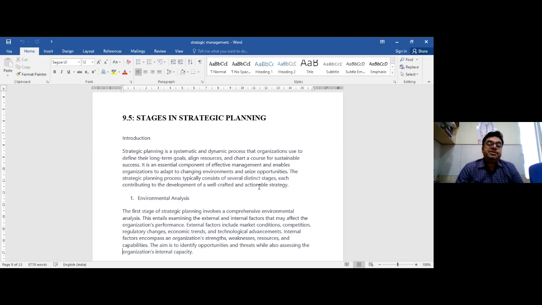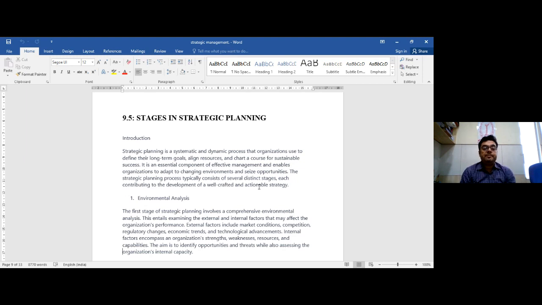And strategic planning is an essential component of effective management. We can look at strategic planning as a dimension of strategic management which ultimately would lead to effective management and enable organizations to adapt to their changing environments and make the best use of opportunities that may arise.